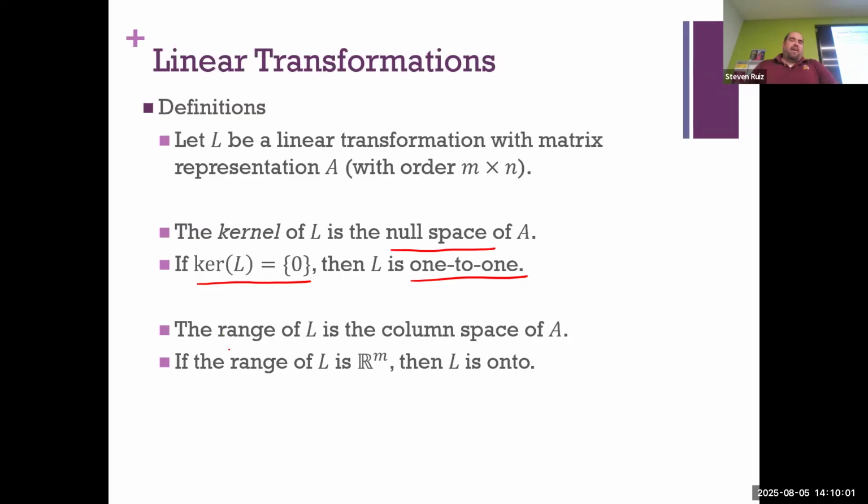So all the vectors that belong to that output, that's the same as the range of a transformation, the range of a function. All the things in the output space. If the range of your transformation is literally everything, every vector possible, then your function's onto. Its range is the largest it could possibly be.